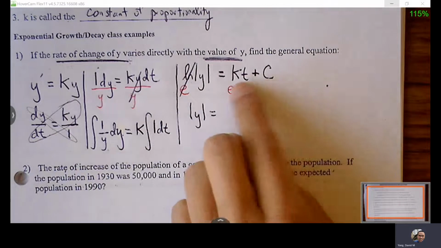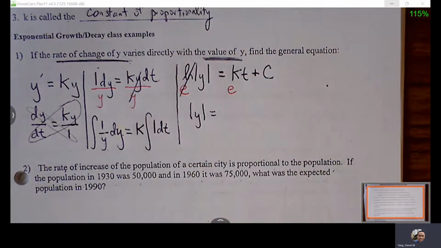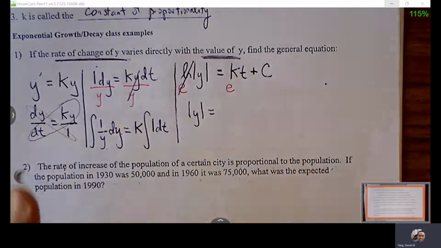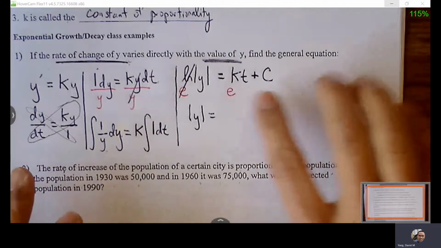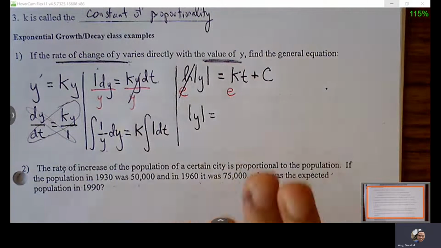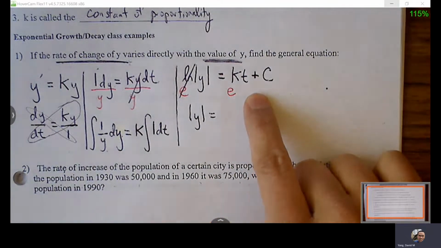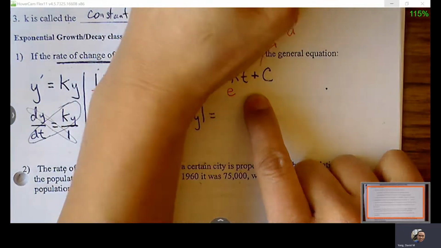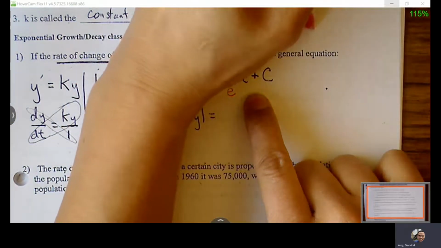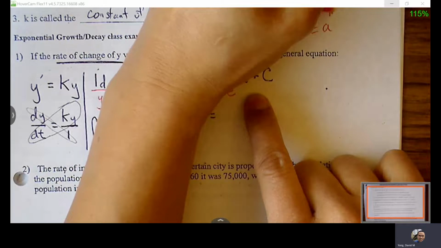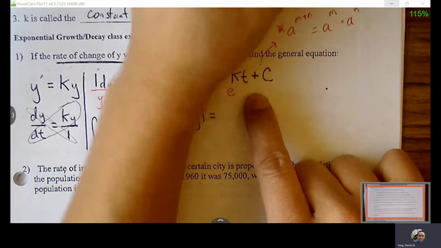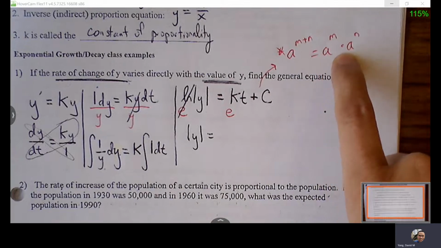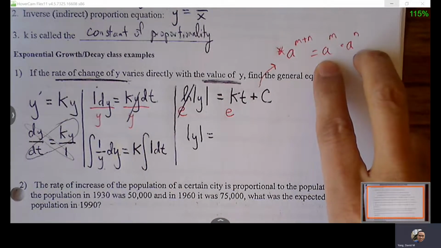Remember that this kt plus c, they're all sitting at the exponent level. Yesterday, we talked about how we wanted to get that constant away from the rest of the variable so we can have an expression for that. We talked about yesterday how we can use an exponent property. If I have a to the m plus n, I can separate that into a to the m times a to the n. So the addition of exponents is going to turn to the multiplication of bases.